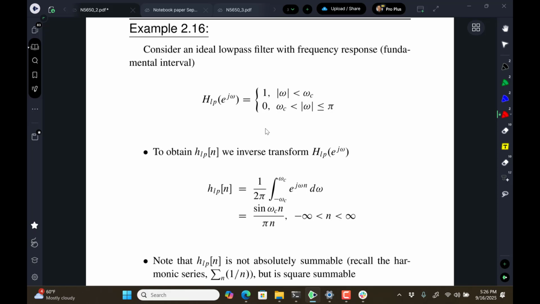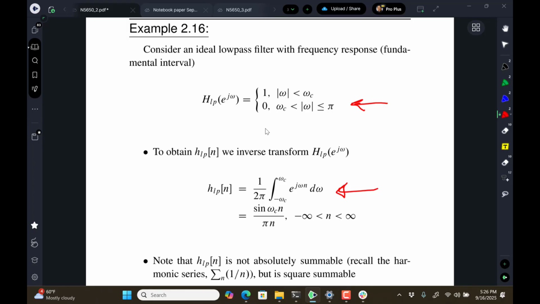Consider an ideal low-pass filter, which we just looked at a few moments ago. It would have this sort of form that you see right here. We have a cutoff frequency. Now that we have played a little bit with forward and inverse Fourier transform ideas, let's plug that ideal filter into the inverse Fourier transform right here. This integral is very much like an integral that you see when you're studying the Fourier transform for continuous time signals. It becomes a sinc function.